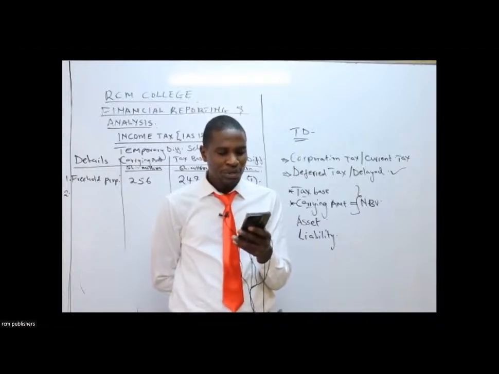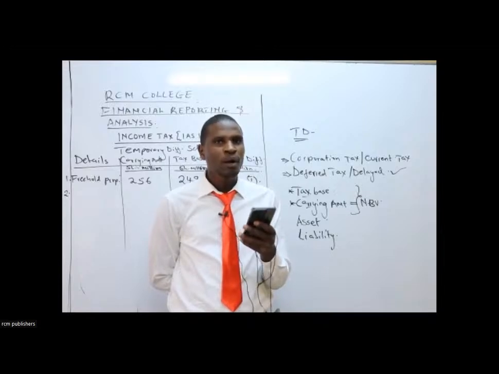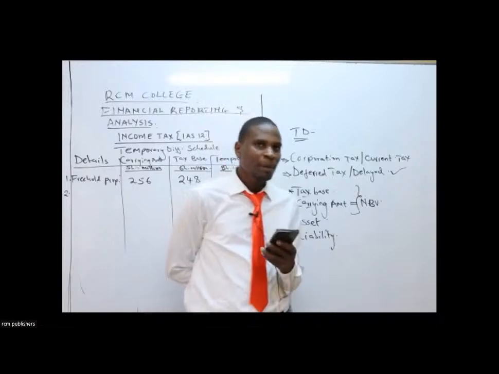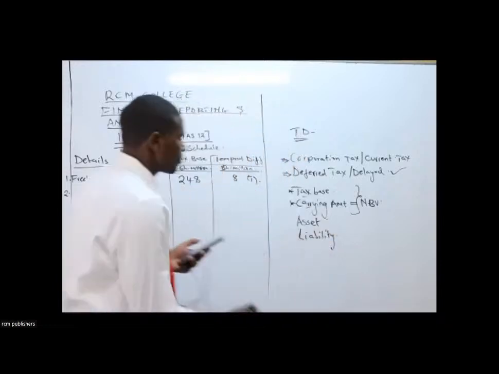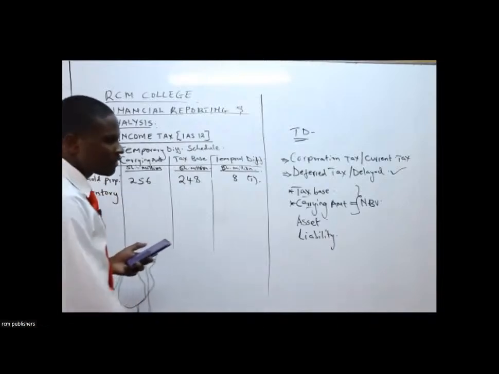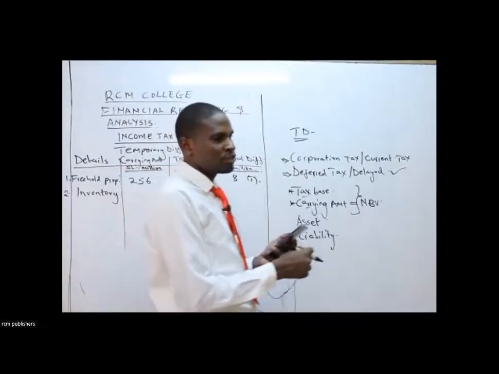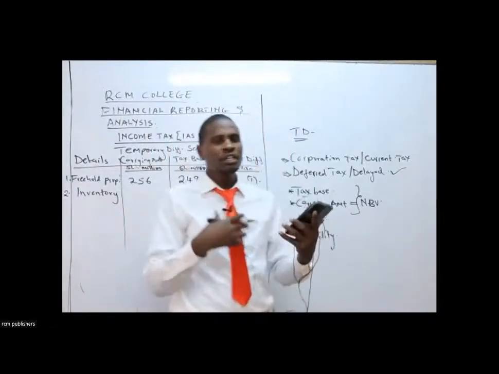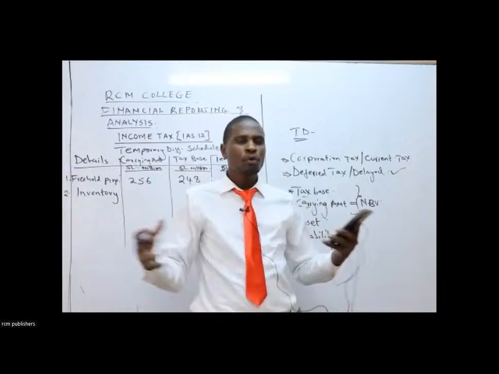Now, what do we do here? How do we get our carrying amount of inventory? The item that we are talking about here is inventory. Should inventory be related with profit really?